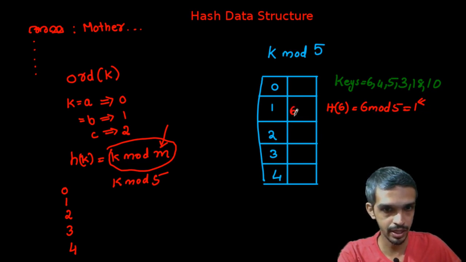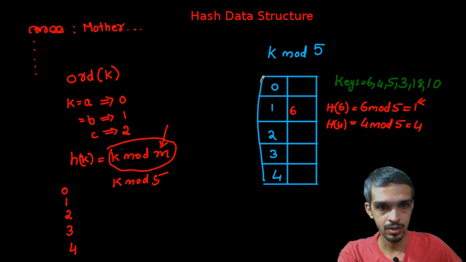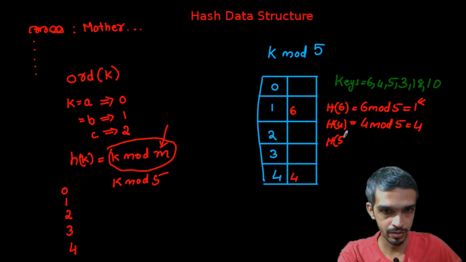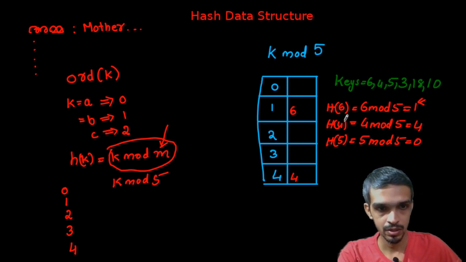Then h of 4: 4 modulo 5 equal to 4. So 4 will be at index 4. h of 5: 5 modulo 5 equal to 0. So 5 is at index 0.